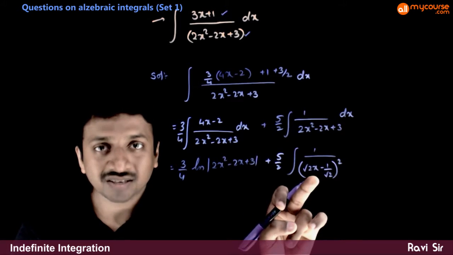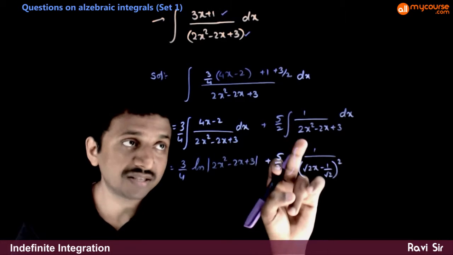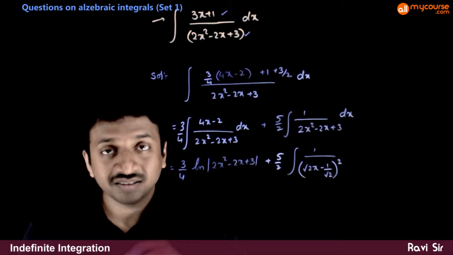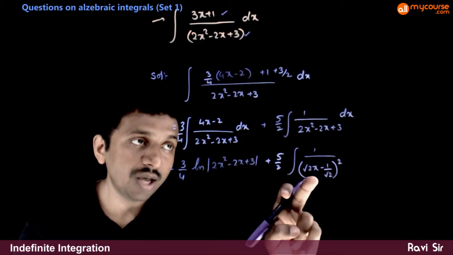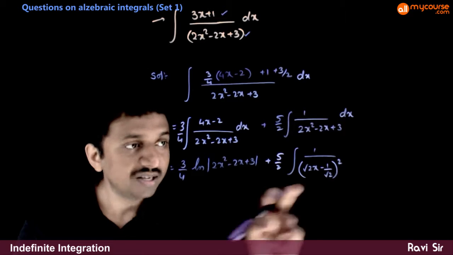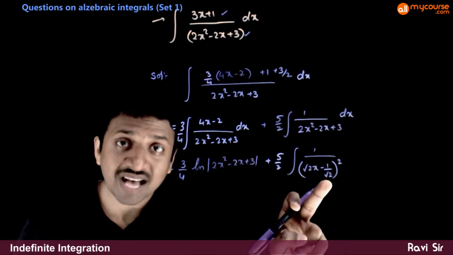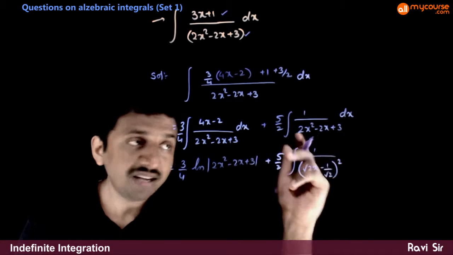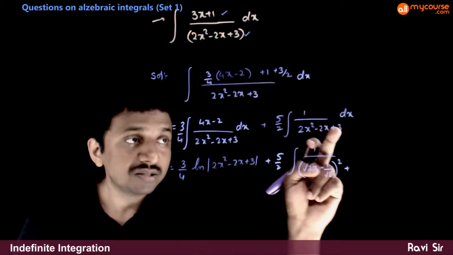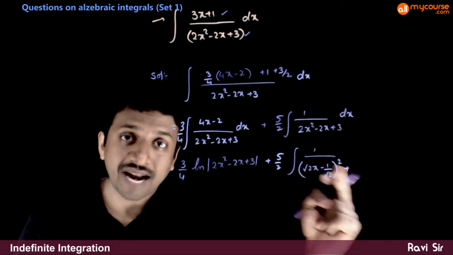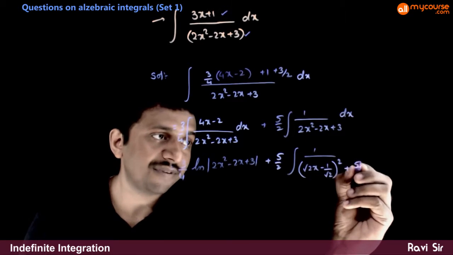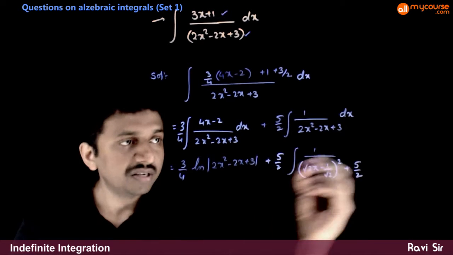(Root 2 x − 1 by root 2) whole square is 2x², the x² term is adjusted, minus 2ab. In the 2ab term you have −2x, and you have a plus half here, but you want a 3. So you have to subtract a half, so you have a 5 by 2 dx.